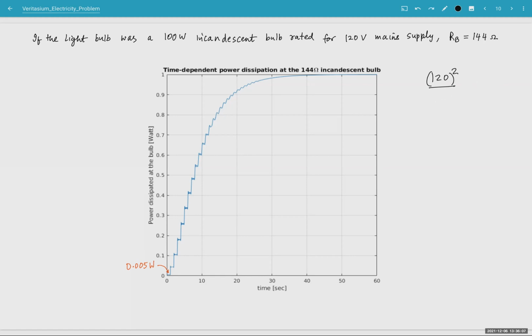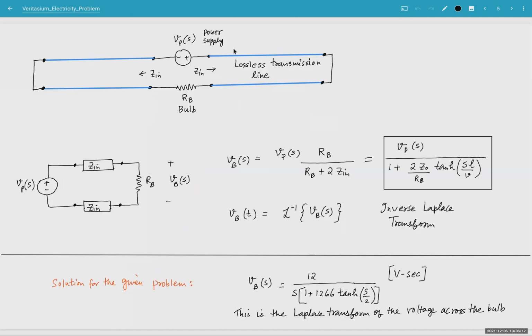But since this is a resistor rated for a 120 volt supply, when you put it in our circuit right here, with a 12 volt supply, 12 volts can only supply about 1 watt of power.